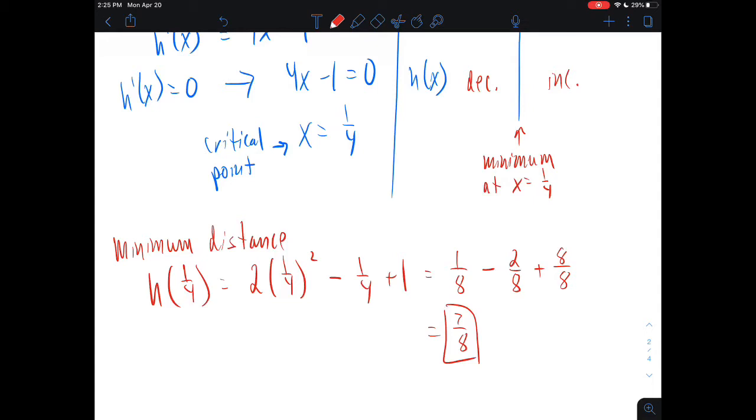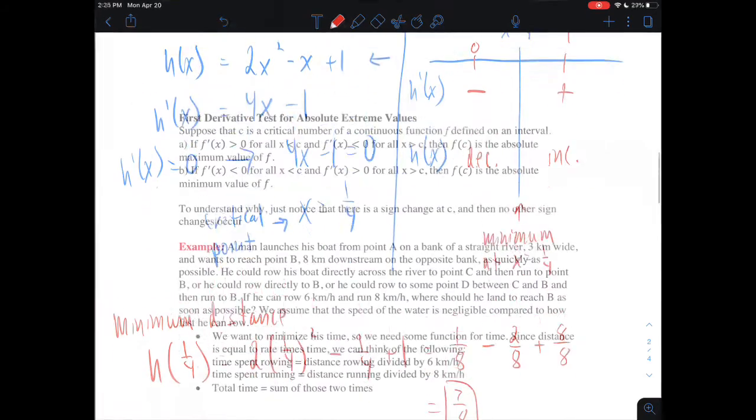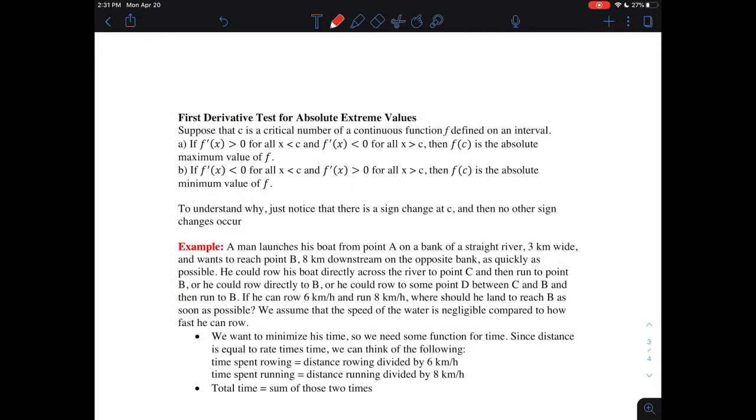So now to summarize what we've seen with these last two problems, and how I was using a little bit of intuition and even some previous concepts like this chart for figuring out when I get a minimum, we have what's called the first derivative test for absolute extreme values. Suppose that c is a critical number of a continuous function f defined on an interval.